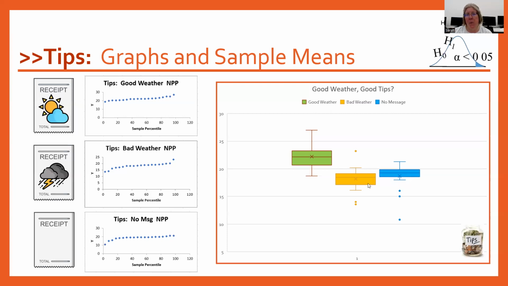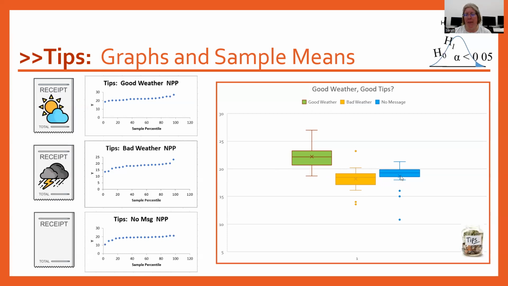if I had to decide which of the pairs is going to be statistically significant, meaning that there's a big enough difference between their means, if I look at the X for good weather and bad weather, that seems like a pretty big difference there. So I would say that pair is probably going to be statistically significantly different. If I look at good weather versus no message, again, that one does look quite a bit lower.